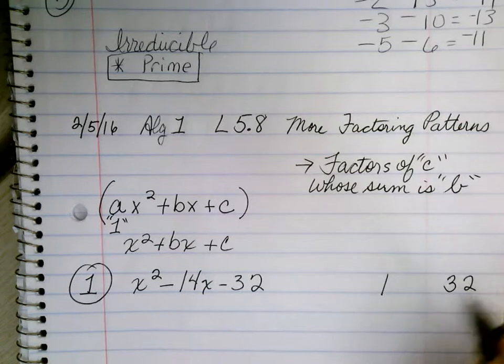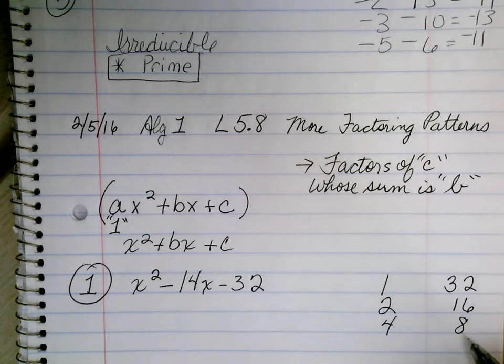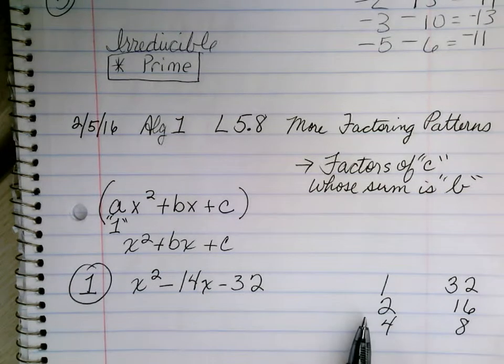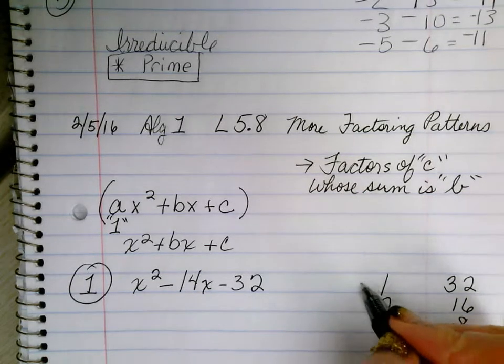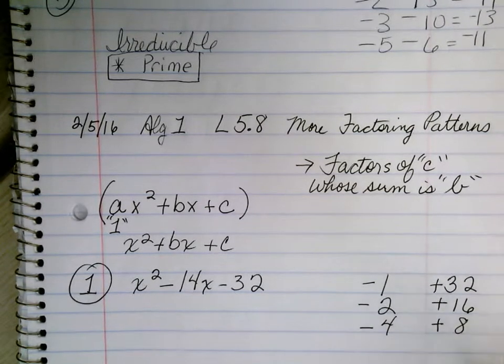1 and 32, 2 and 16, 3, 4 and 8, 5, 6. In any case, I think we've got all we need. I'm not sure if you focused in on this, but remember, one has to be positive, one has to be negative. So let's just assume I say these are all negative, these are all positive.